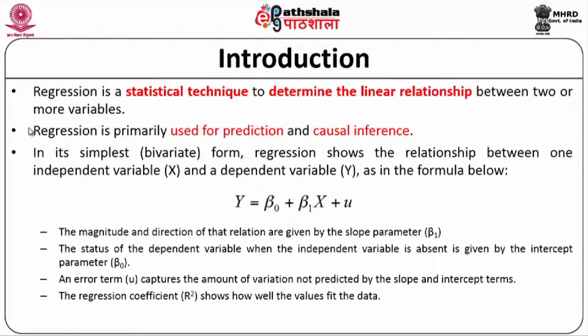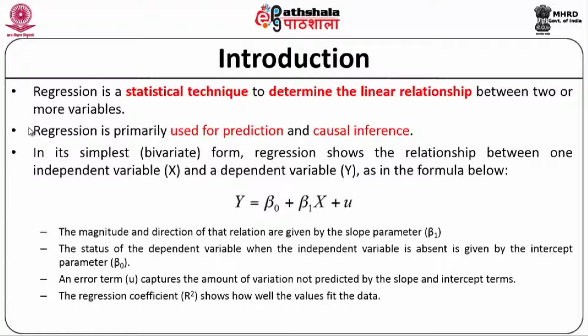Therefore, the linear relationship between the two variables x and y may be represented as shown in the given equation: y = β0 + β1x + u. Here in this equation, x is the independent variable and y is the dependent variable, which is determined based on the value of x.